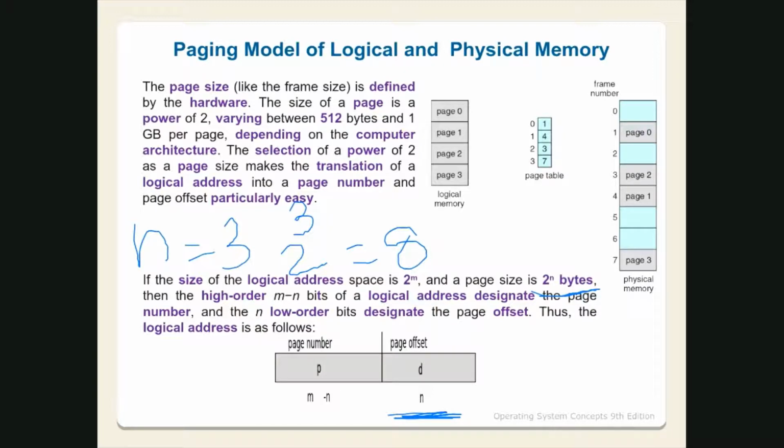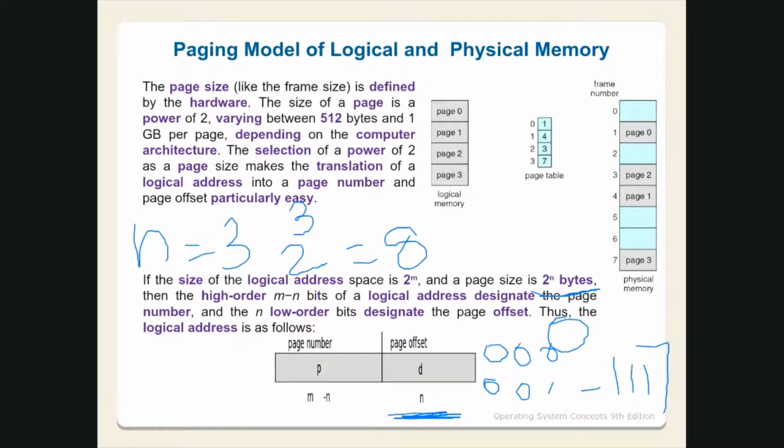So 3 bits are required to point to the 8 locations. Can you see here, 3 bits. It starts from 000, then 001, this is for the 1, and so on, until 111. The decimal equivalent of 111 is 7, and the decimal equivalent of 000 is 0.